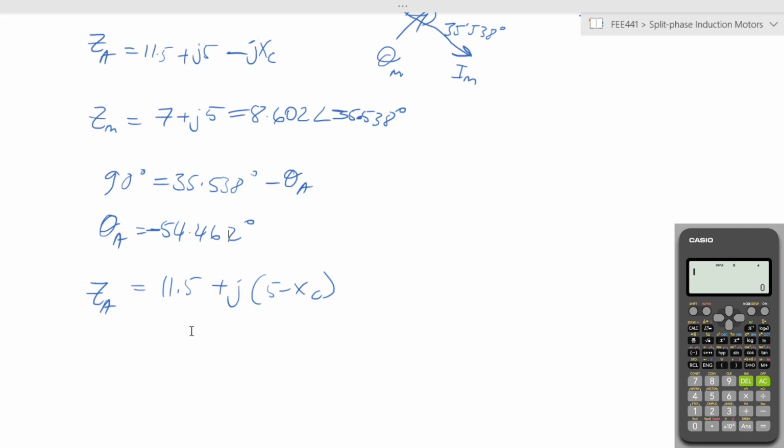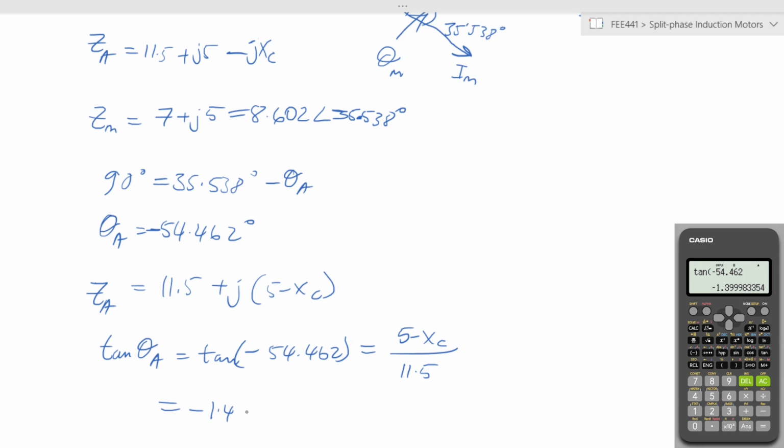So the tangent of angle theta A equals tan of minus 54.462, and it is also equal to 5 minus Xc over 11.5, which means that negative 1.4 is 5 minus Xc over 11.5.